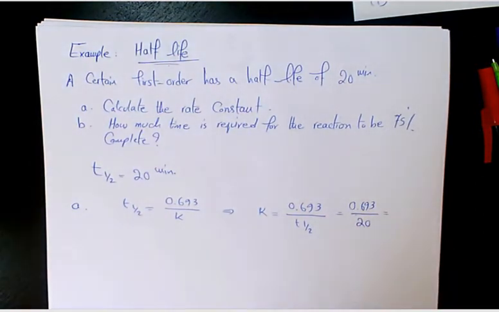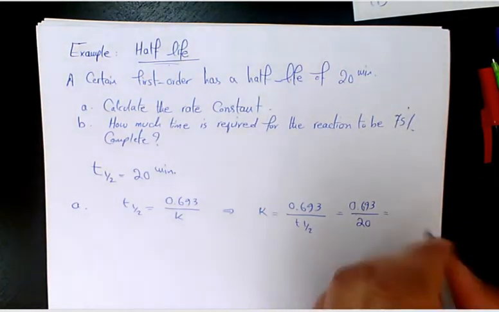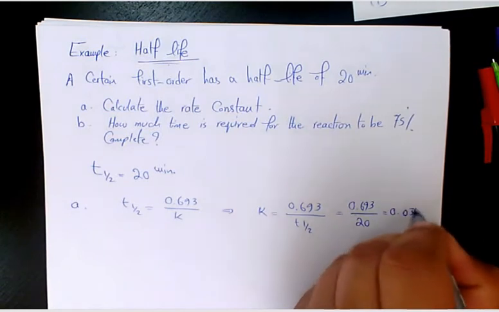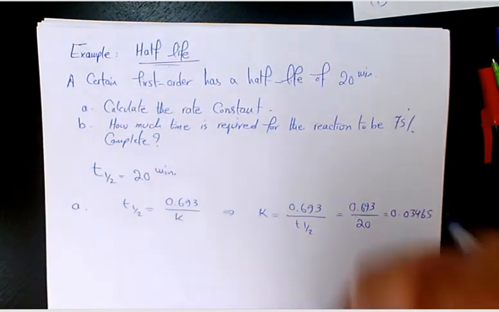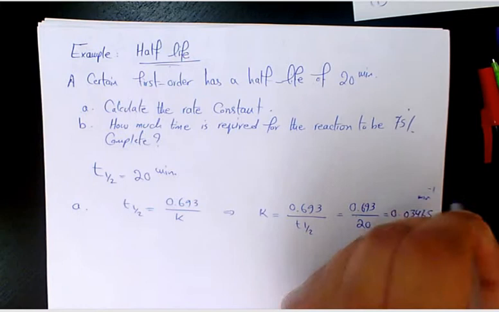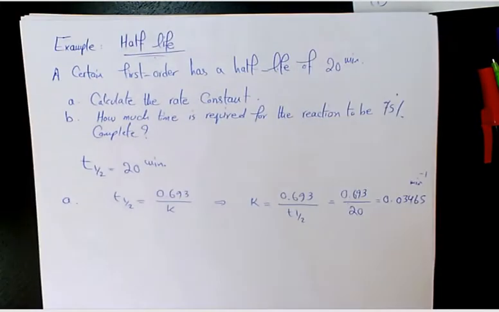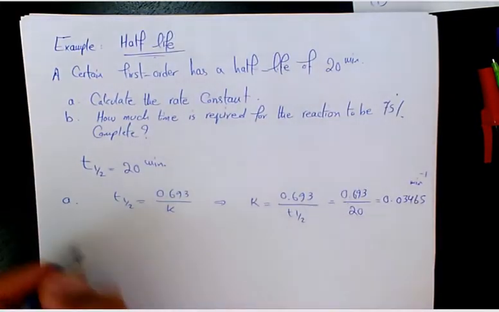That is going to give me 0.03465 per minute. That's going to be the K value.